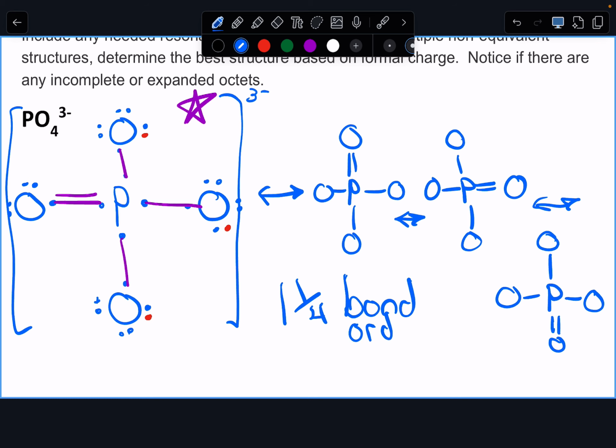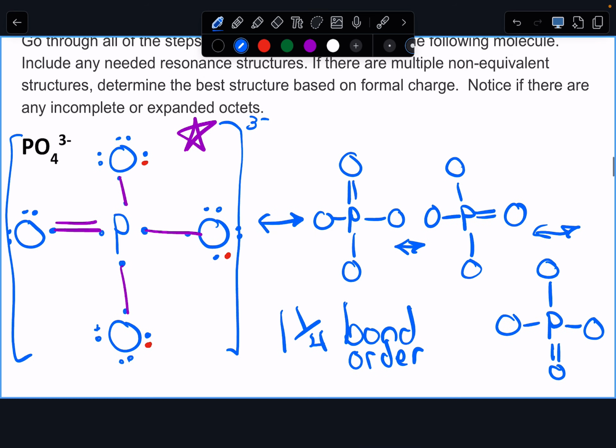So the bond order here would be 1 1/4, because that additional bond is actually spread over all four regions. So 1/4 of it is one place, 1/4 is another, 1/4 is another, and 1/4 is another. It should be a little bit irksome, but remember, electrons aren't particles. They behave a lot like waves. They can spread themselves out.